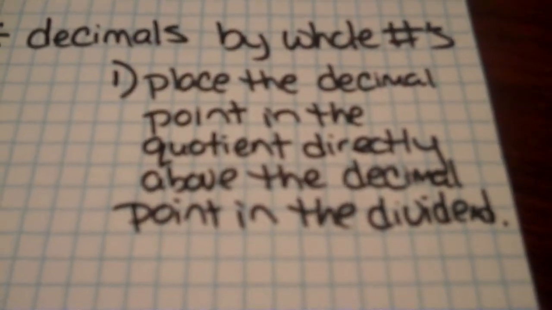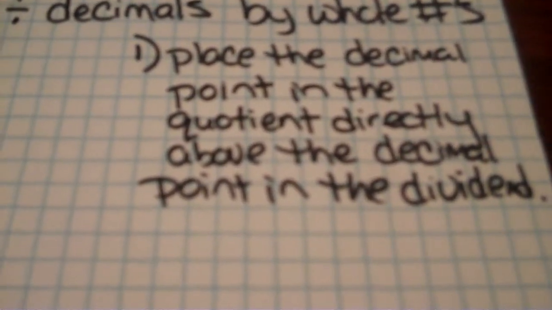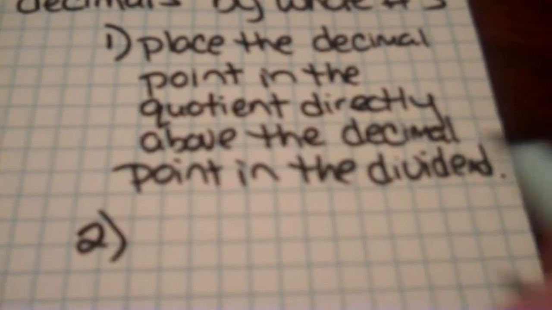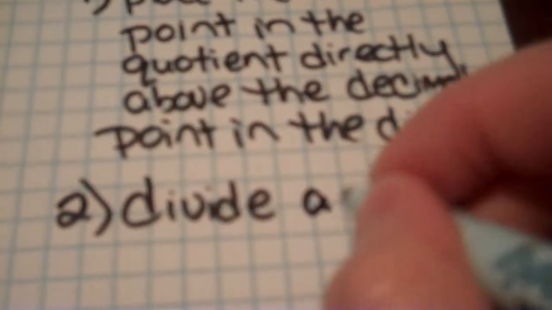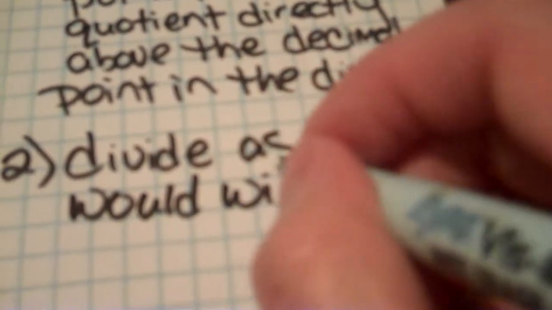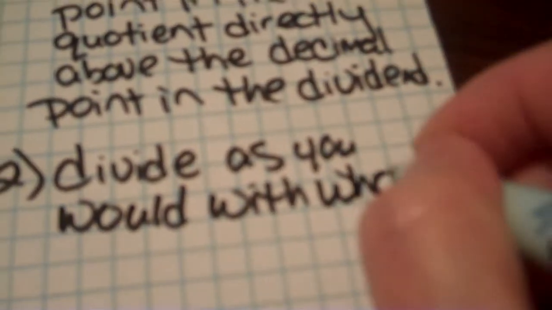The other thing we're going to do, you're just going to divide as you would with whole numbers, just like we did yesterday. We took a quiz on long division.